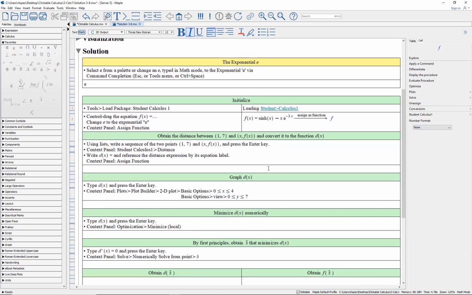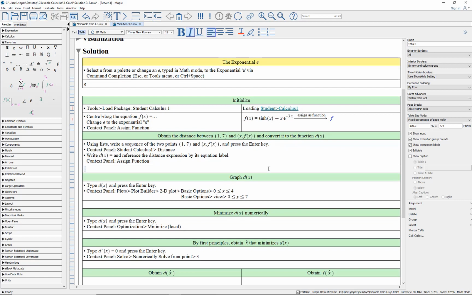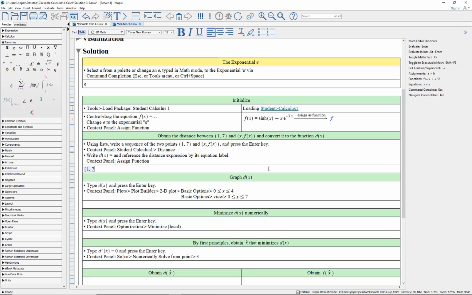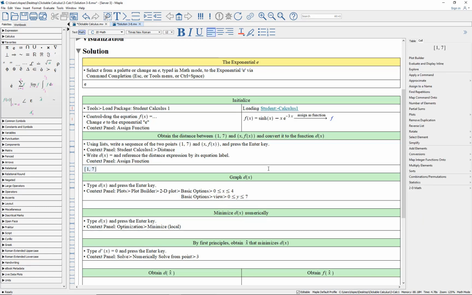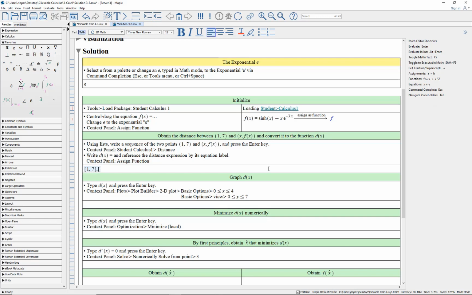Okay, what is the distance going to be? Well, it's between fixed point 1, 7, and notice points in Maple are represented as lists of square brackets, and a point on the curve, which is f comma f of x.